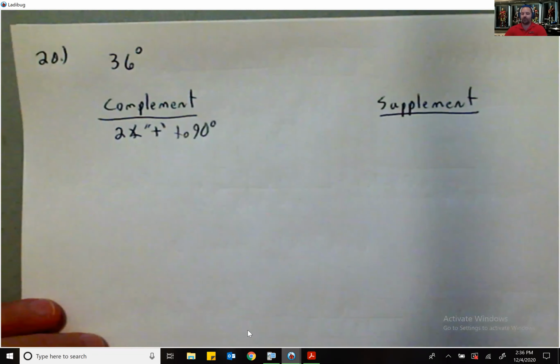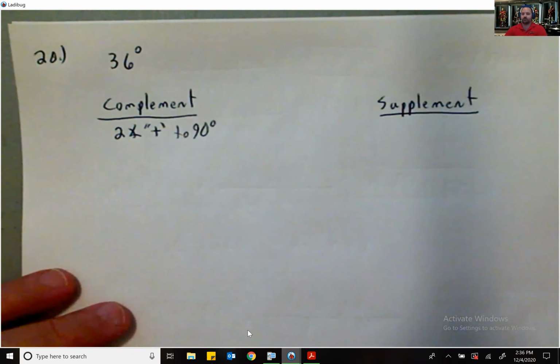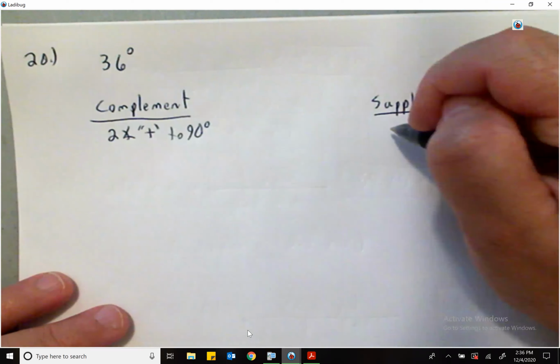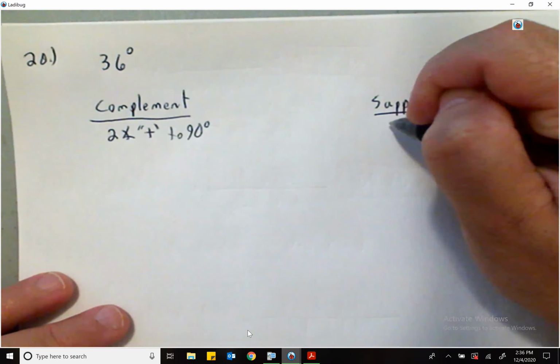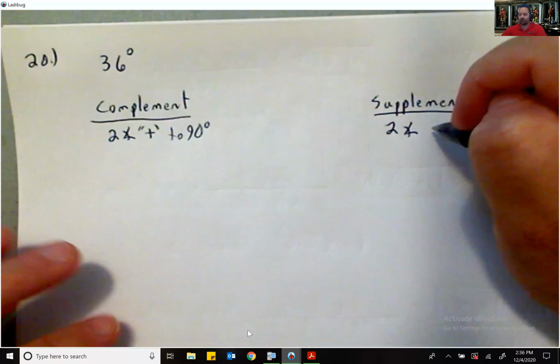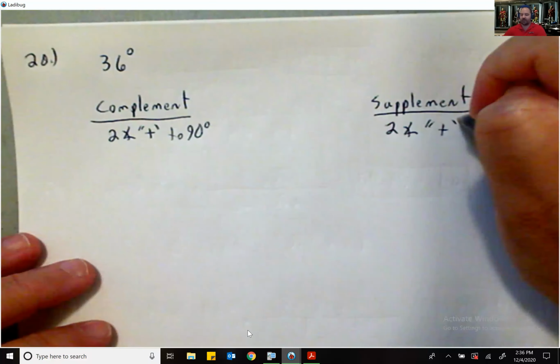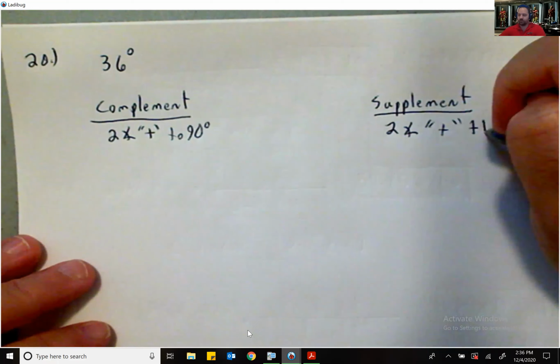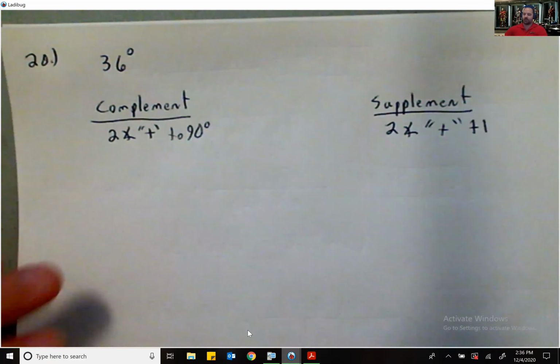What do I mean by supplement? Two angles. Yeah, I liked your 180. You should have went with it. But it's the same idea. Just instead of adding to 90, they add to 180.